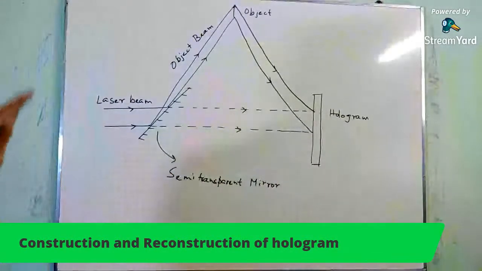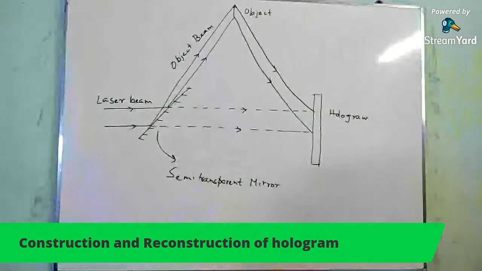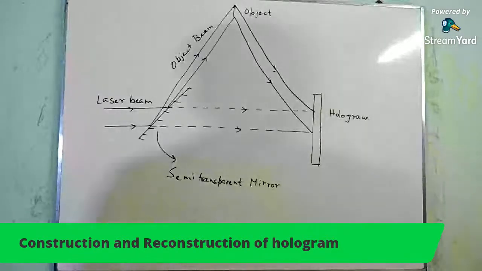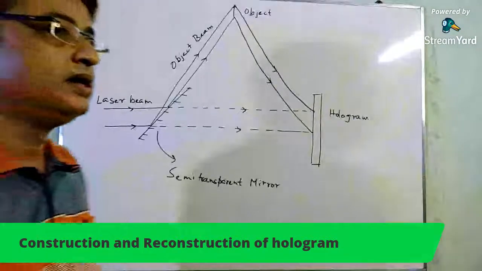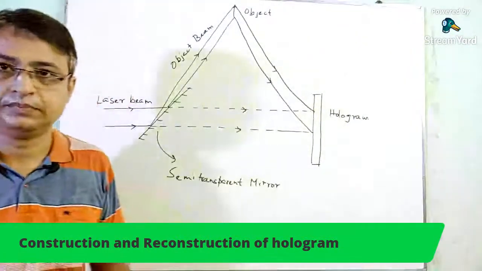These two beams form an interference pattern on the photographic plate. The fine speckled pattern on the film thus contains information regarding both the amplitude and phase. And hence, this is the process of how we record a hologram.